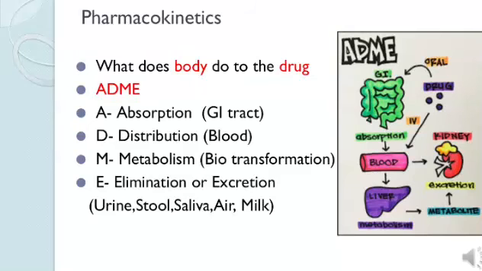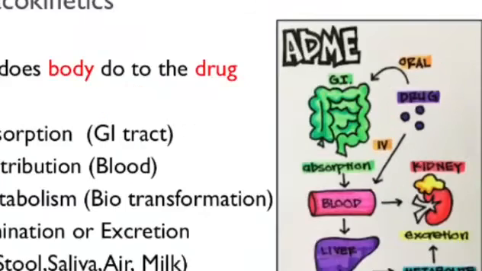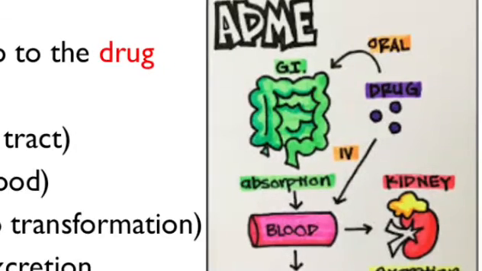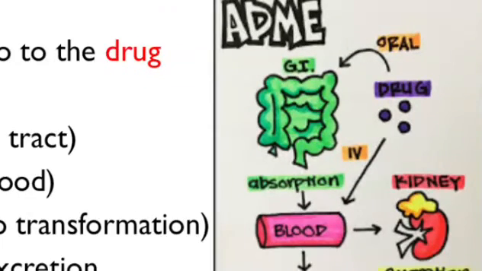So this ADME happens to every single drug, but the majority of drugs are absorbed in the GI tract if taken orally. And if it is given IV, absorption happens directly in the blood. And what is the distribution? Distribution to all the areas where it is needed.